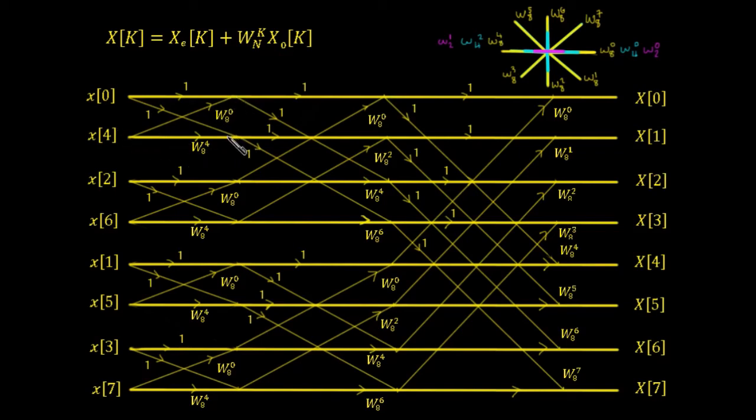And again, for this value here, we're going to have the even part. So the even part is the x0, and then the odd part here is the x4. Again, the x4 is going to be multiplied by Wnk. So again, our value for n here is our 8, but in this instance our k value here is going to be our factor of 1, 0, 1, 2, 3, 4.